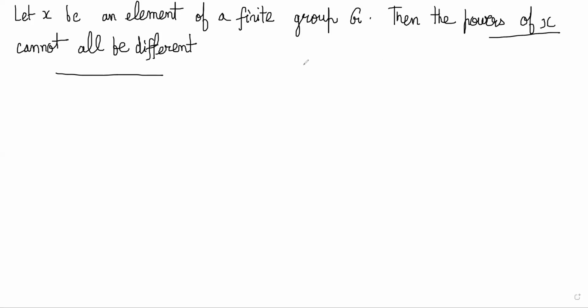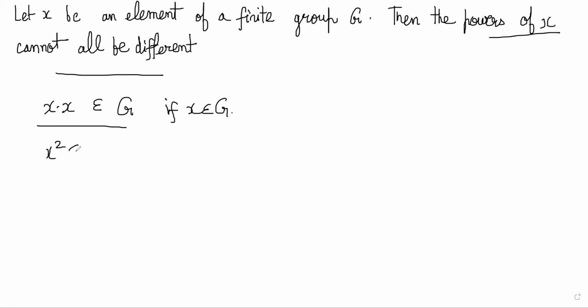Because if the powers of X are all different from each other, then the number of elements will become infinite, right? If X is an element of a finite group G, then the number of elements of that group is finite. So if the powers of X are all different, we know from the first property that X dot X should belong to G if X belongs to G, because the group is closed under the multiplication operation.